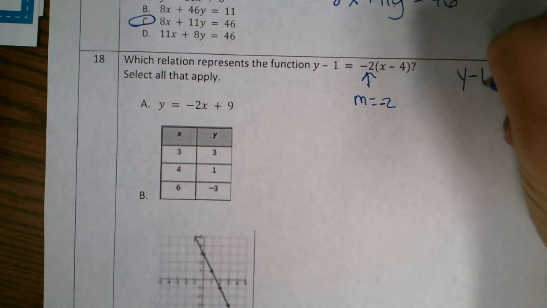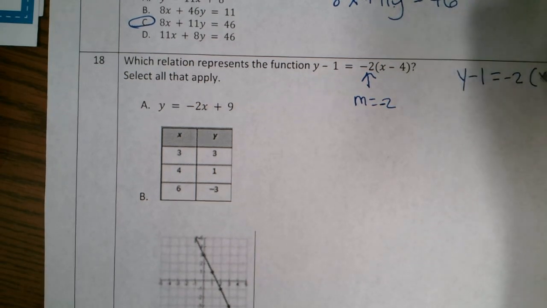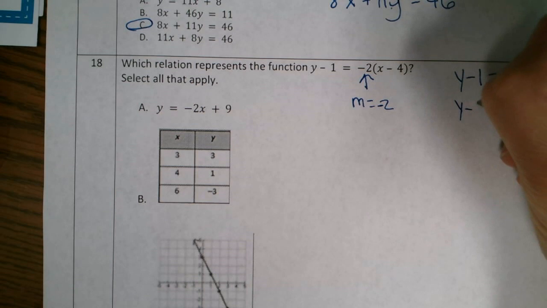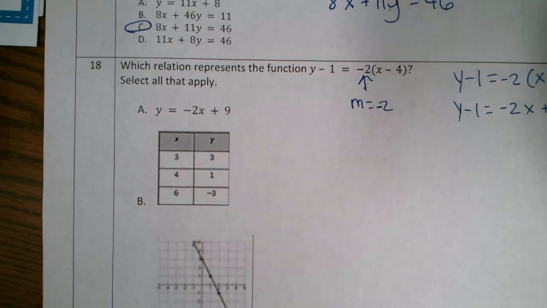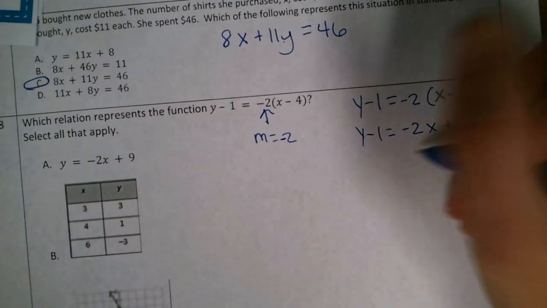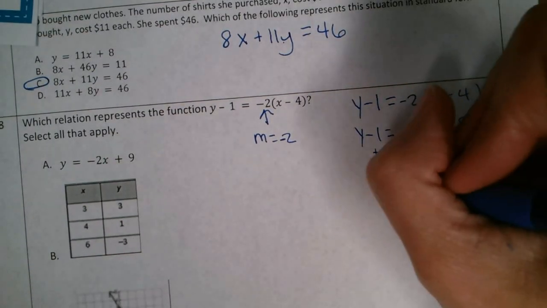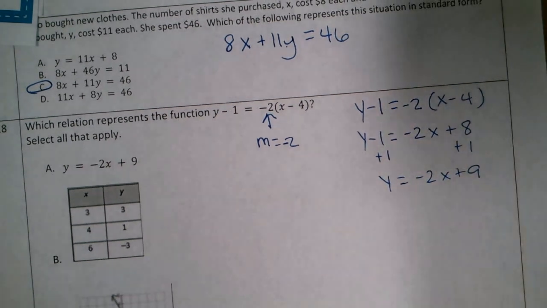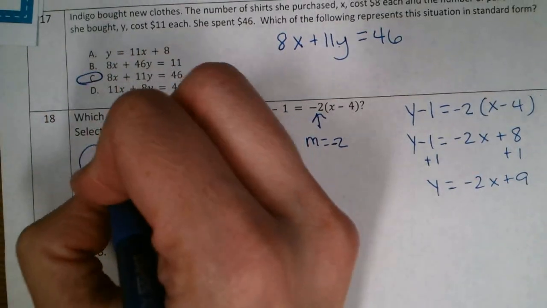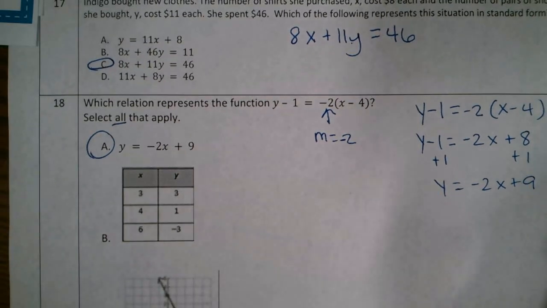So if I want to see if they match each other, I'm going to have to take my point-slope form and distribute, and then get y by itself. So I have to add 1, and I get y is equal to negative 2x plus 9. So that does match. This is a select all, so we have to check the other ones too.